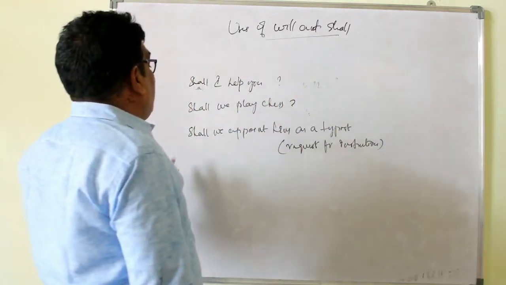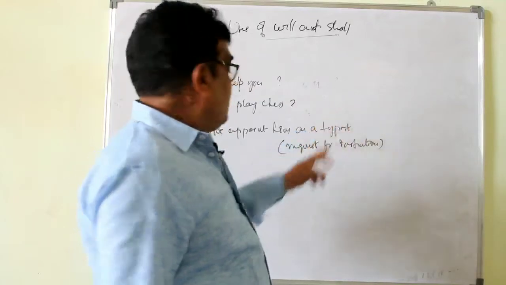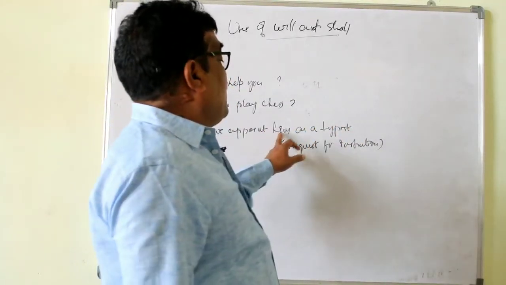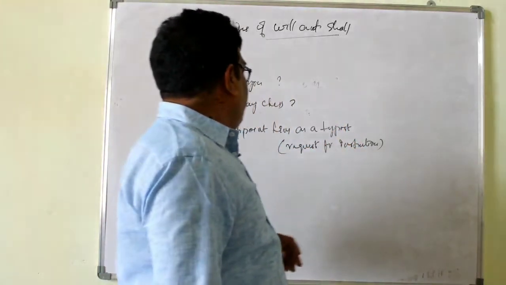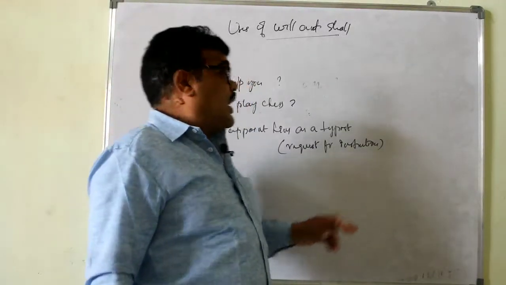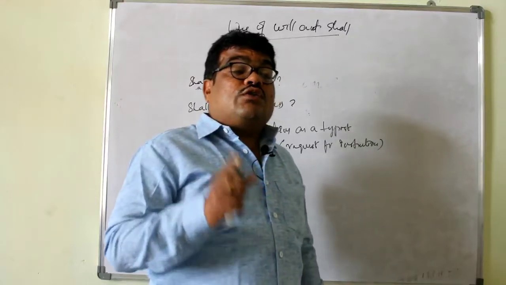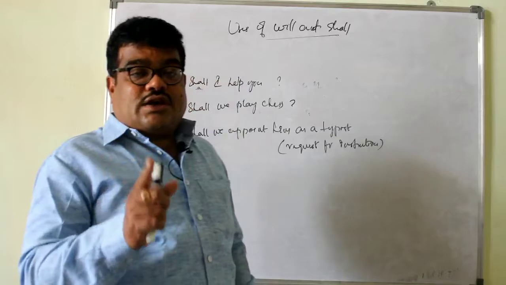Next example: shall we play chess? Suggestion. Another example: shall we appoint him as typist? This is request for instruction. I repeat, shall, not will, is used for advice, requests, suggestions, etc.